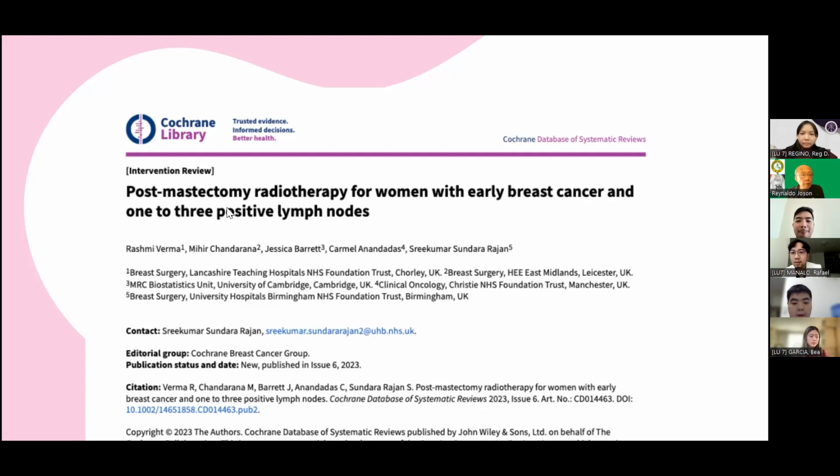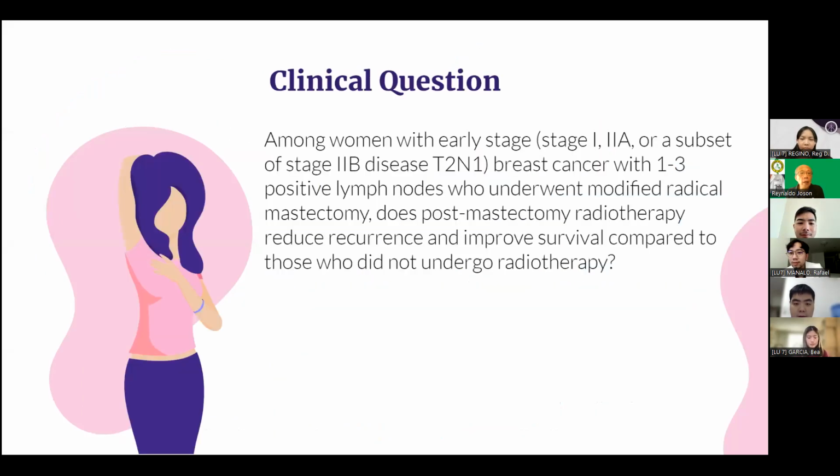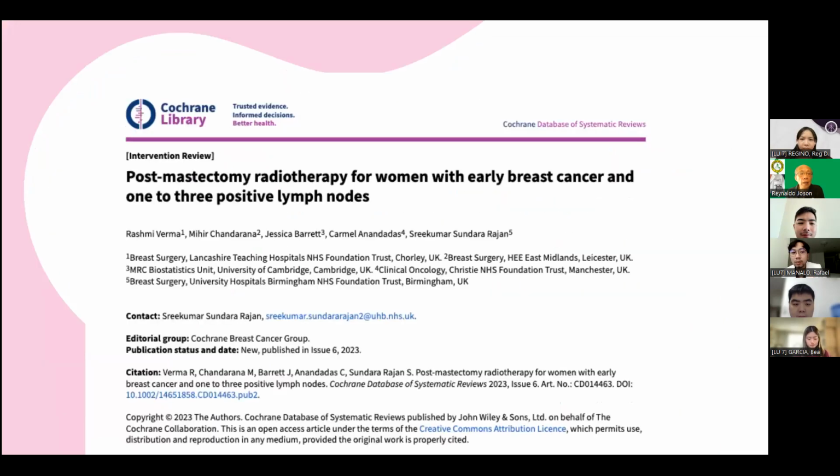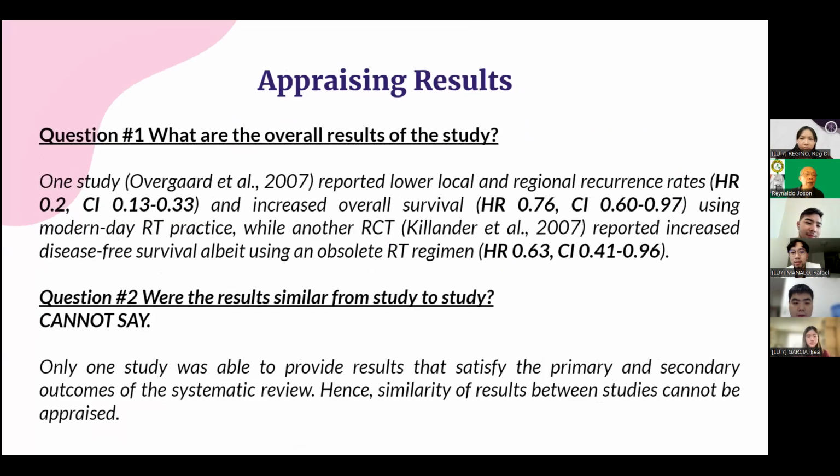There was a summary there. Who's the author of the one study? Overgaard, sir. Yeah, Overgaard. What were his findings? It was on the results slide. I think it was presented earlier. Yes, sir. Just a flash.